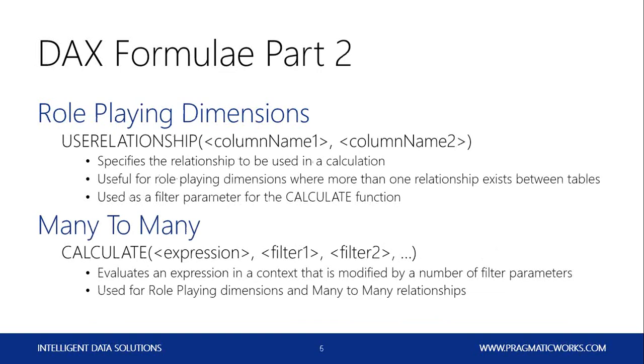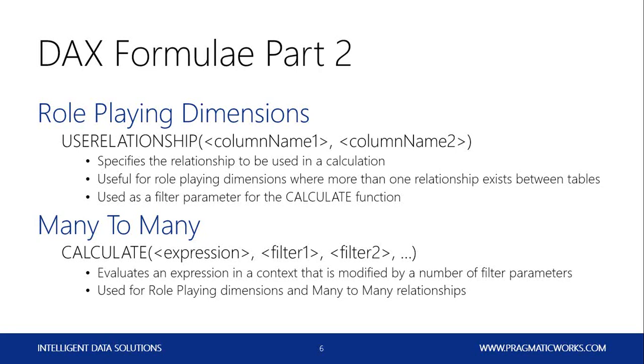For our role-playing dimensions, we'll learn a new DAX formula called USERELATIONSHIP. USERELATIONSHIP is the function that we'll use to define how to use an inactive relationship in a Power Pivot model. And for our many-to-many relationships, we'll also use this formula, as well as for our role-playing dimensions.